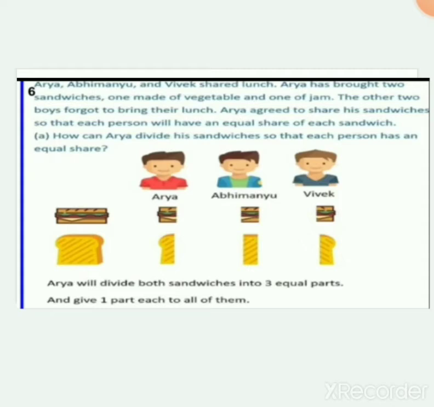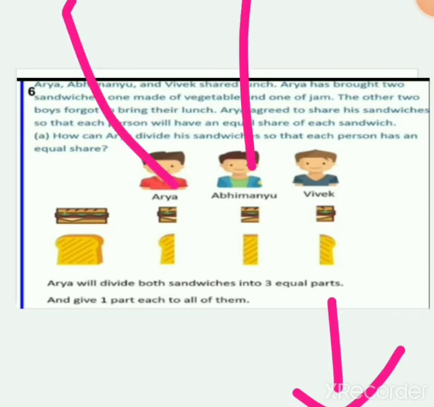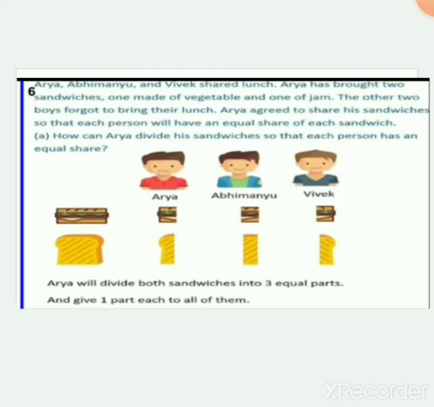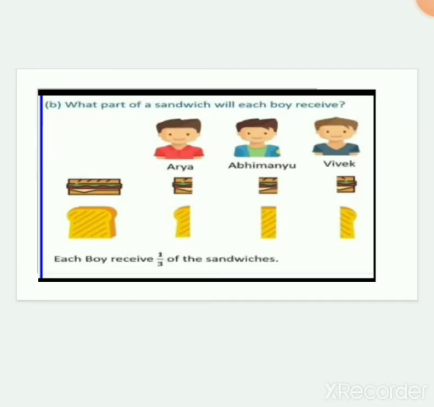Now Arya will divide both sandwiches in 3 equal parts, right? One for Arya, one for Abhimanyu, one for Vivek, and give one part to each of them. So she has divided the sandwich in equal parts.